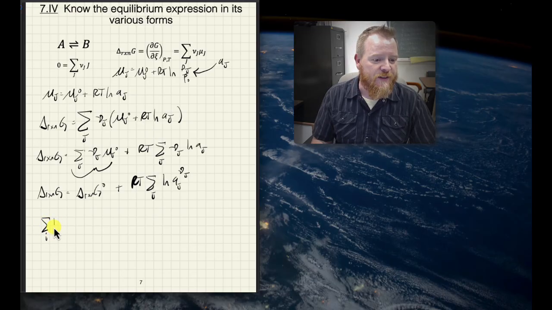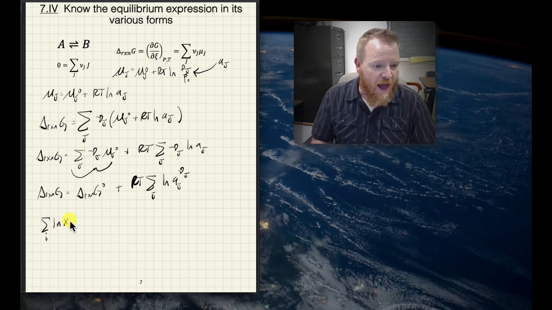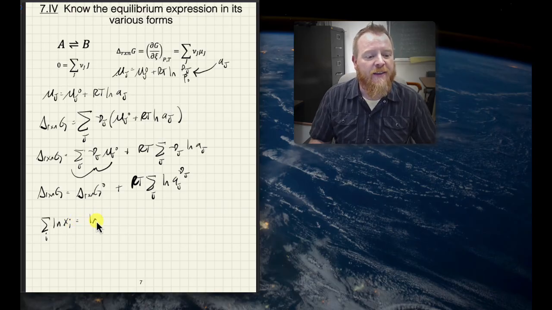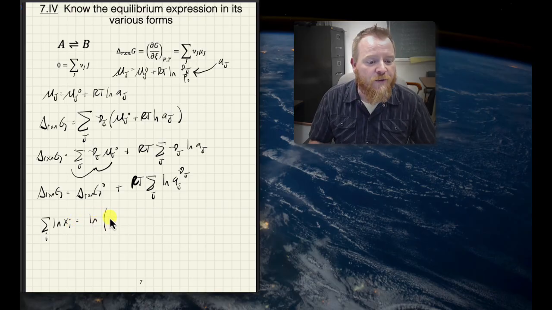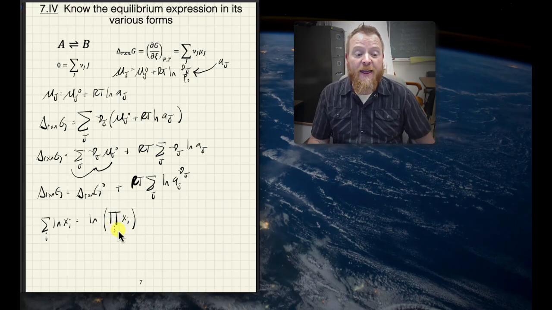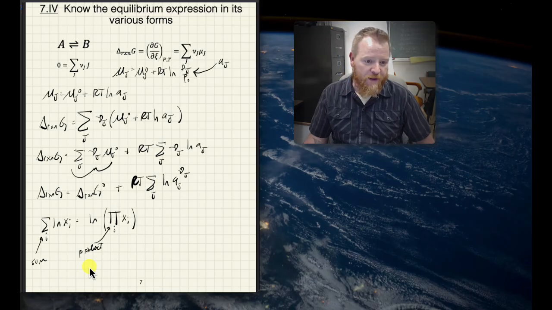So if I have the sum of the natural log of X, that is the same thing as saying the natural log of the product of X. So you might not be familiar with this big capital pi. That means product. So sigma is sum, so add them all up. Big capital pi is product, meaning multiply all of them.